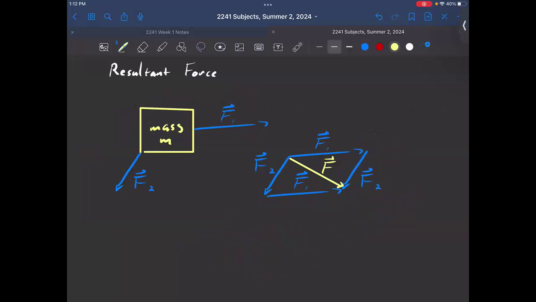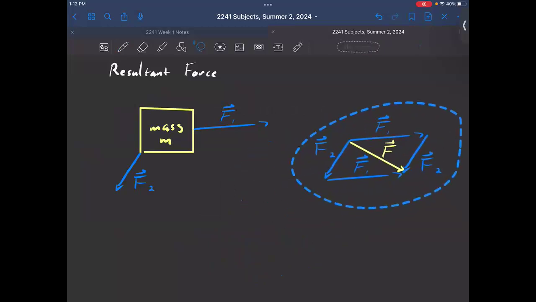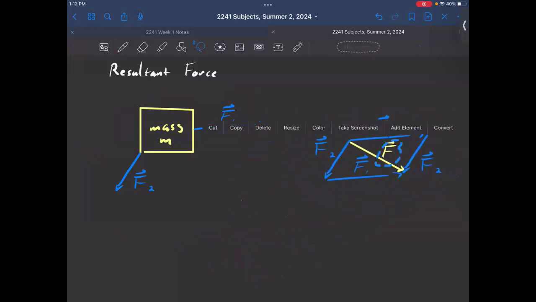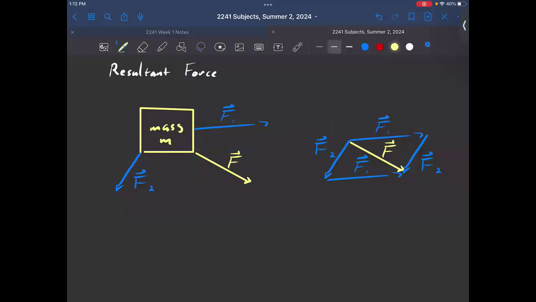And the resultant force is exactly the direction and size that the box will end up moving when both myself and the other person are pushing on it. So this is how the box actually moves.